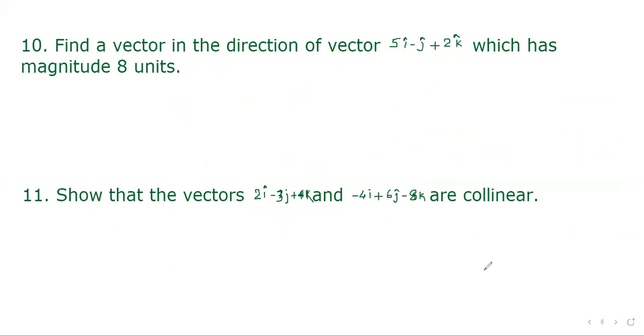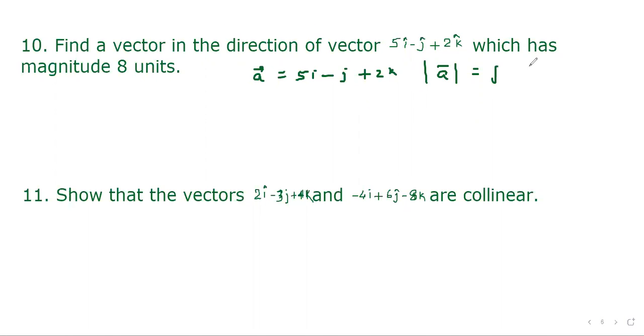Now, let's go to question number 10. Find a vector in the direction of vector 5i minus j plus 2k, which has magnitude 8. Suppose this is vector A, so 5i minus j plus 2k. We find its magnitude.